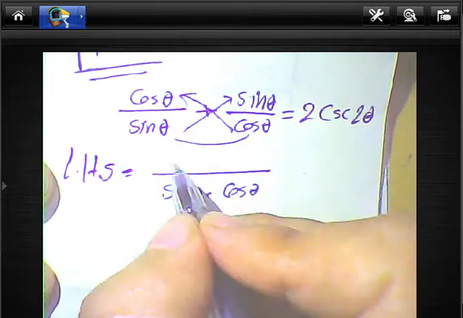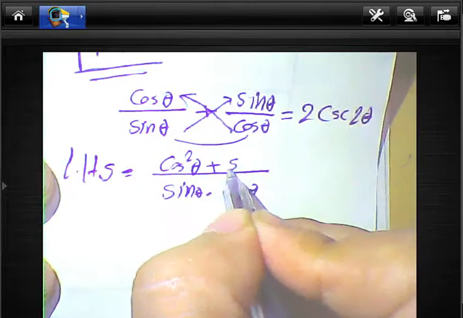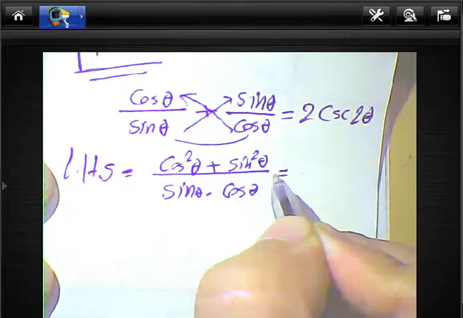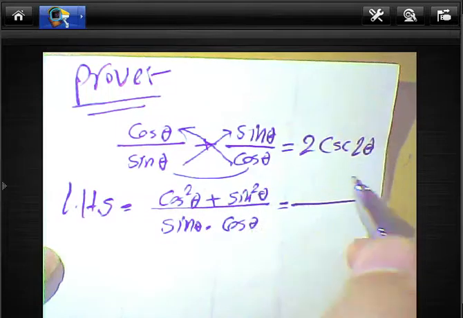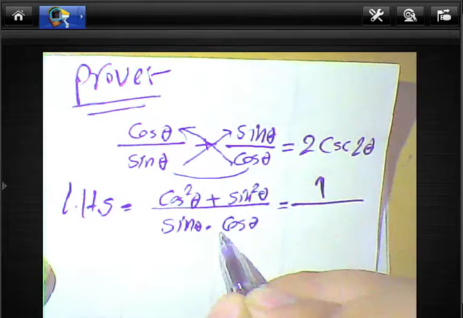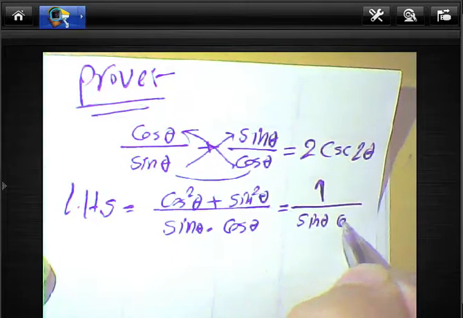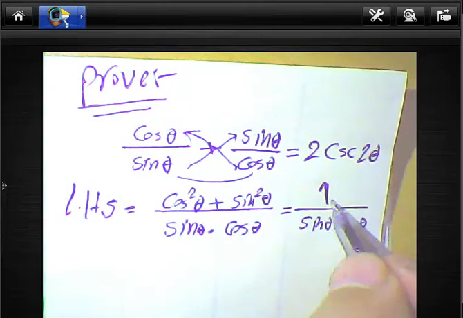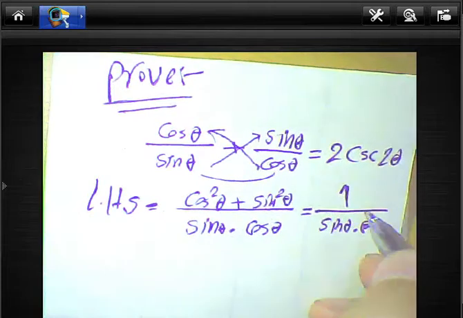Cosine theta multiplied by cosine theta equals cosine power 2 theta. Sine theta multiplied by sine theta equals sine power 2 theta, and we know cosine power 2 theta plus sine power 2 theta is an identity, so the result will be 1 over sine theta cosine theta. We can simplify it: multiply the numerator and denominator by 2.